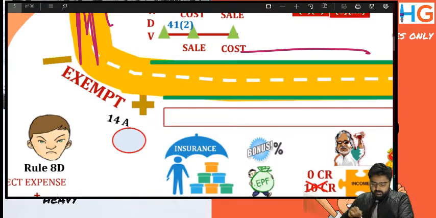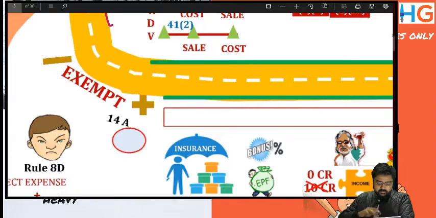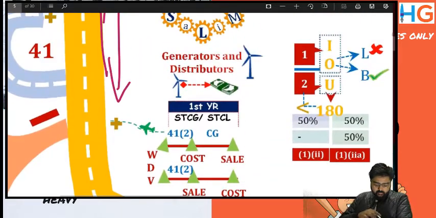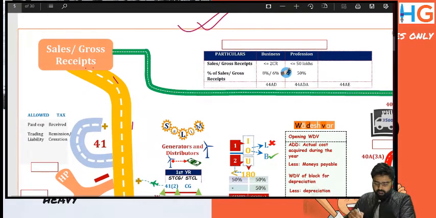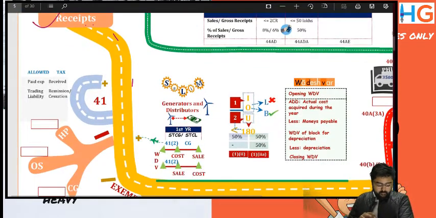On the credit side of the P&L account, you may have two to three line items. Suppose the first item would be sales, gross turnover. Second would be sales tax refund. It will be taxable in the current year if it had been allowed in any previous years, as per section 41.